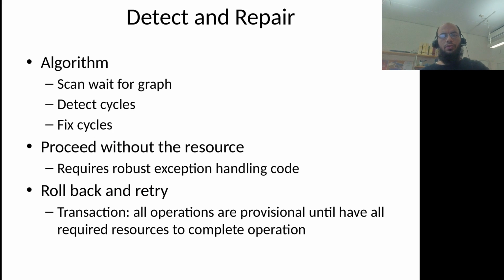The final way to manage deadlocks is basically to try to detect and repair. You basically shoot a thread to make sure that it gives up resources if you end up in a deadlock.